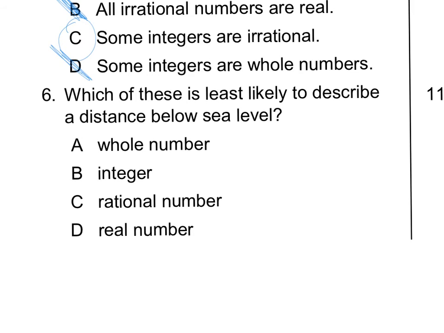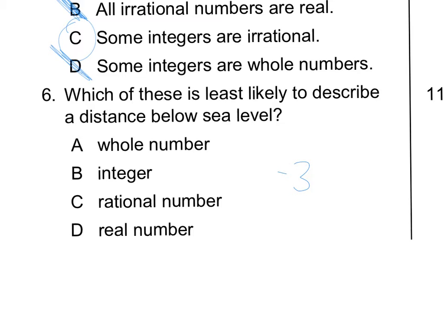Which one of these is least likely to describe a distance below sea level? If it's below sea level, what kind of numbers are we talking? Negative numbers. So let's just say -3 or something. First off, which one of these could not be a negative?